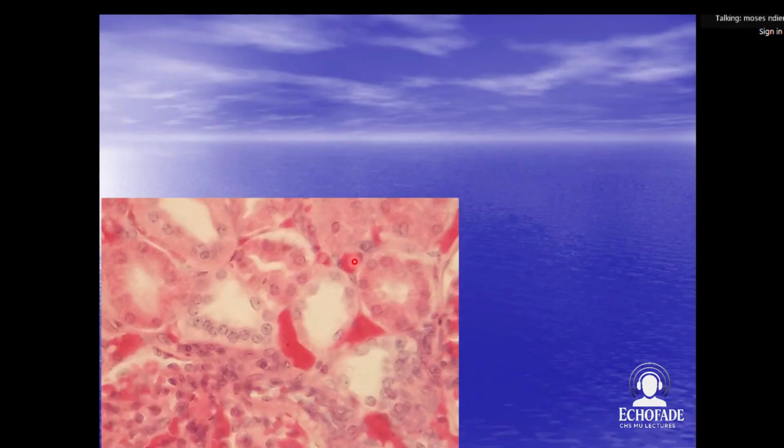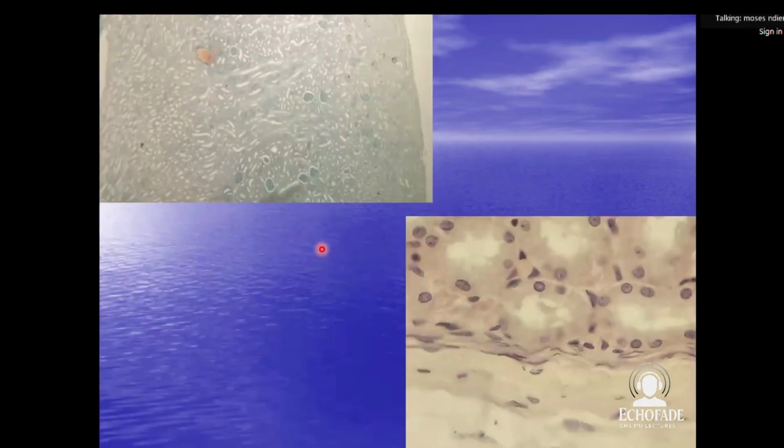And these are the vasa recta. So this is a global view of the kidney, looking at the cortex and then the medulla. We said earlier that some ducts extend all the way from the cortex to the medulla collectively. This we refer to as the ducts of Bellini.